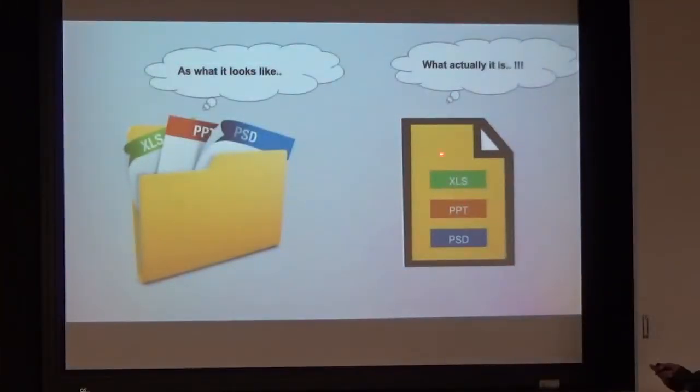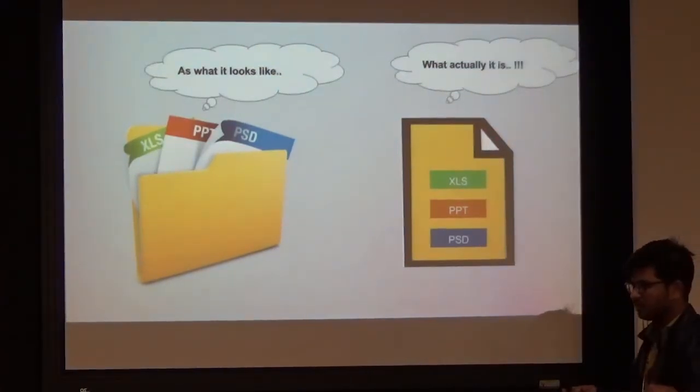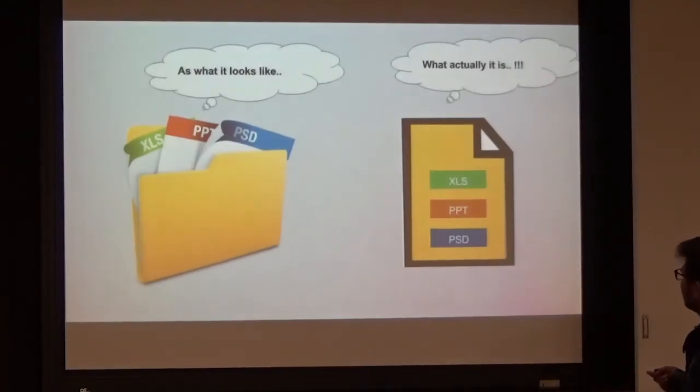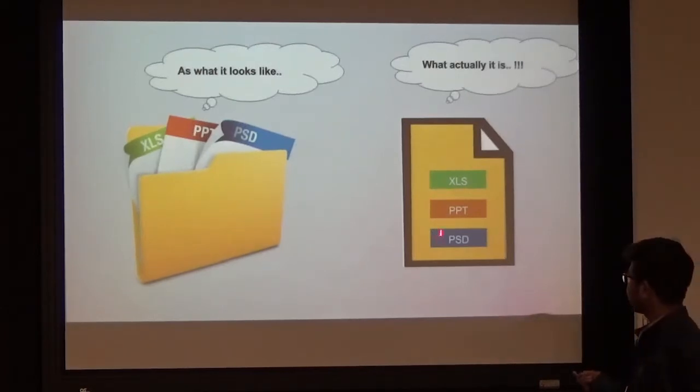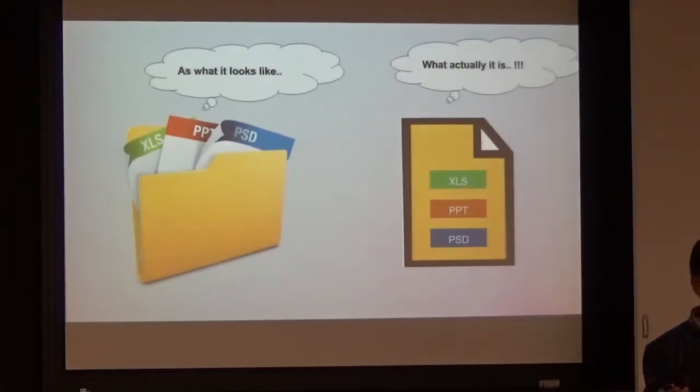A directory itself is a file, exactly like a file. It has all the features that a file has, like an inode and some metadata about the file, and it stores all the files and subdirectories in a list fashion.